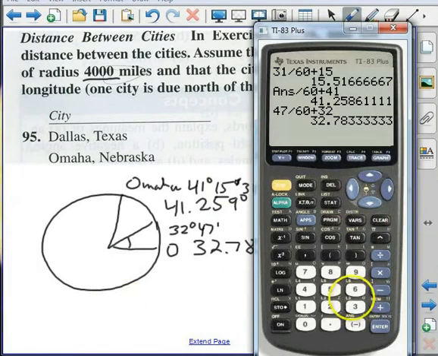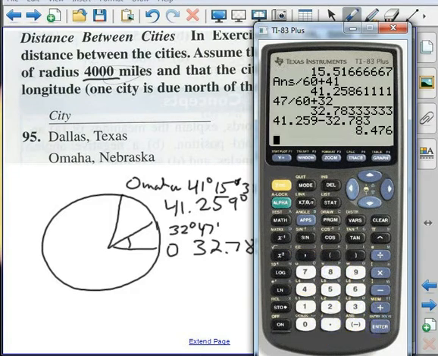So now I'm going to go 41.259 minus 32.783, 8.476. That's our central angle. I'm going to convert that to radians by multiplying by pi over 180.